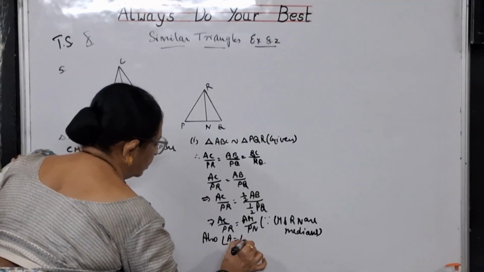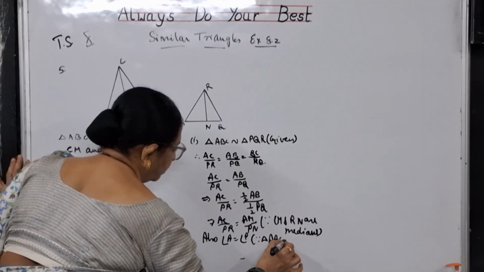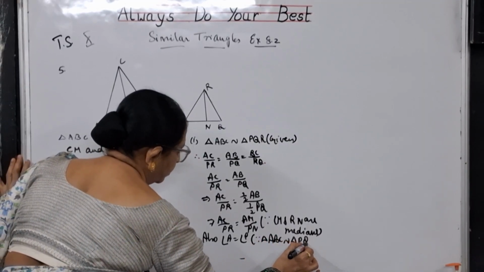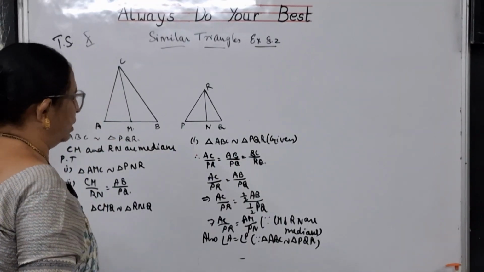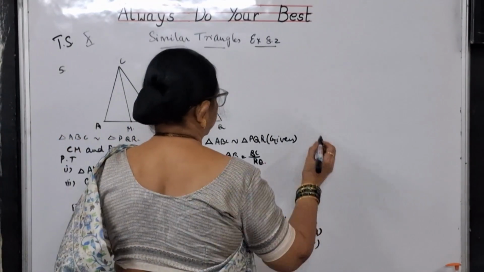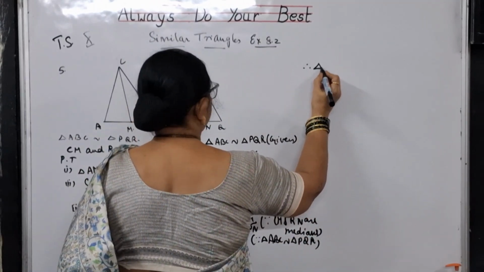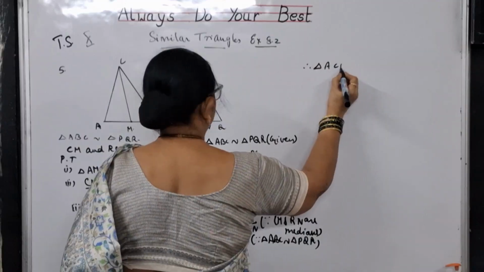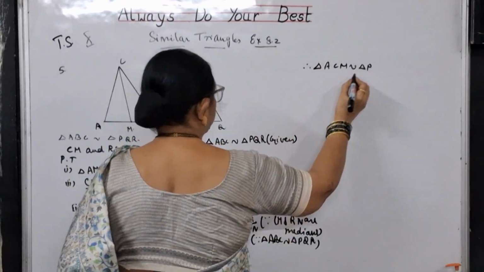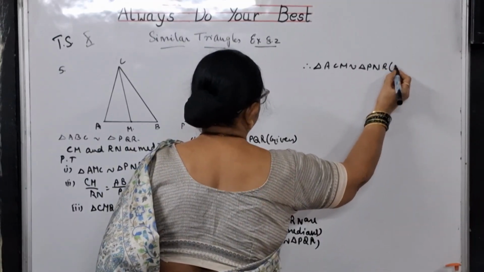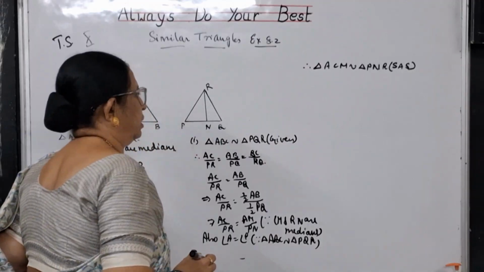angle A is equal to angle P. Why? Because triangle ABC is similar to triangle PQR. When two triangles are similar, their corresponding angles are equal. Therefore, you can say that triangle ACM is similar to triangle PNR based on the side angle side criterion.